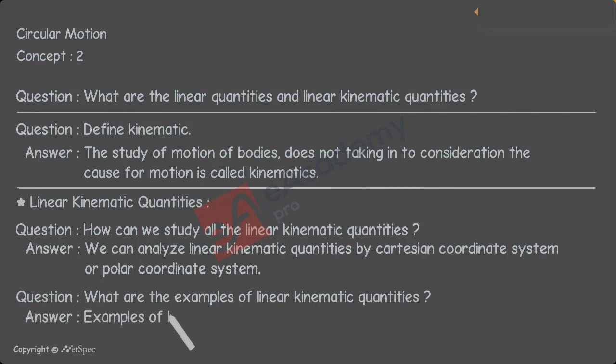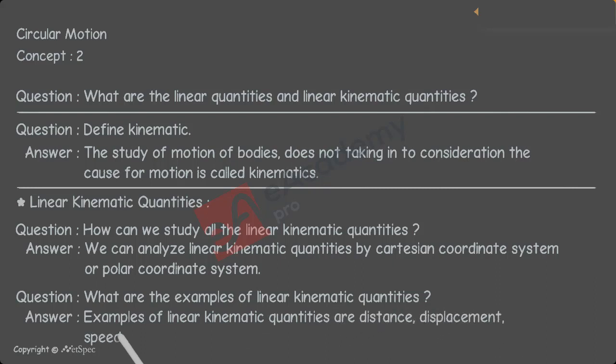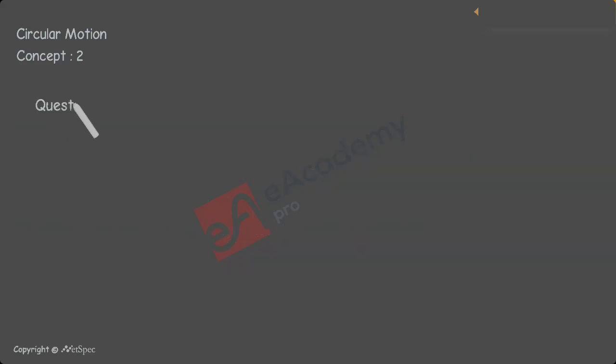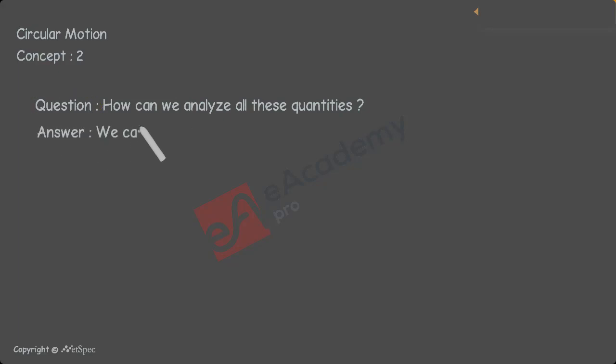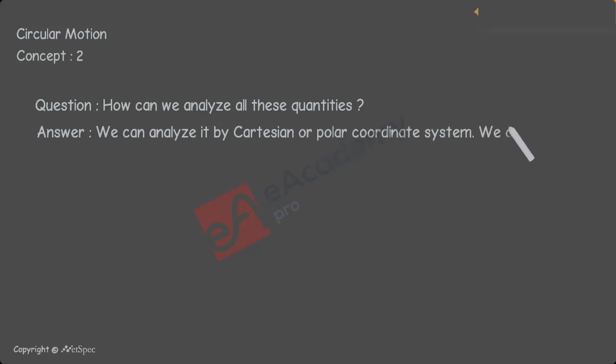Examples are distance, displacement, speed, velocity, acceleration, etc. How can we analyze all these quantities? We can analyze them by Cartesian or polar coordinate system.